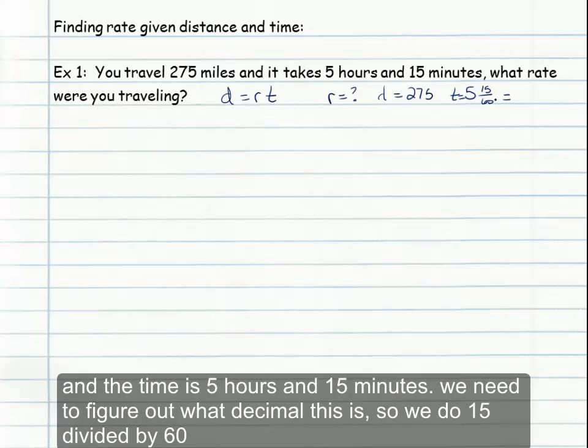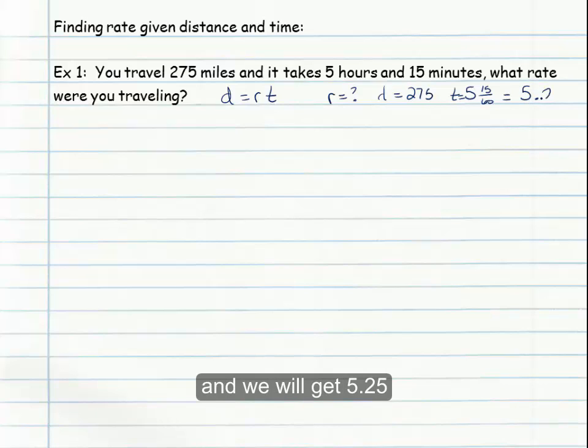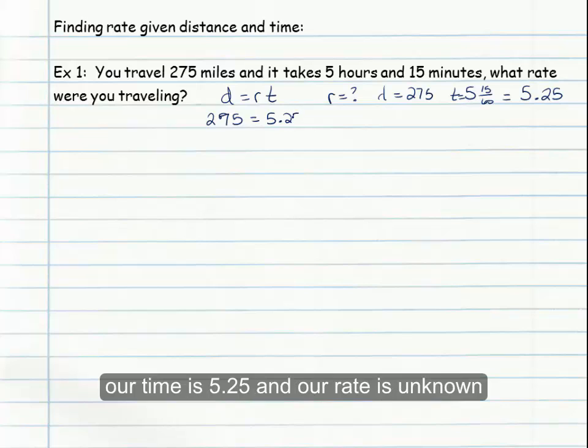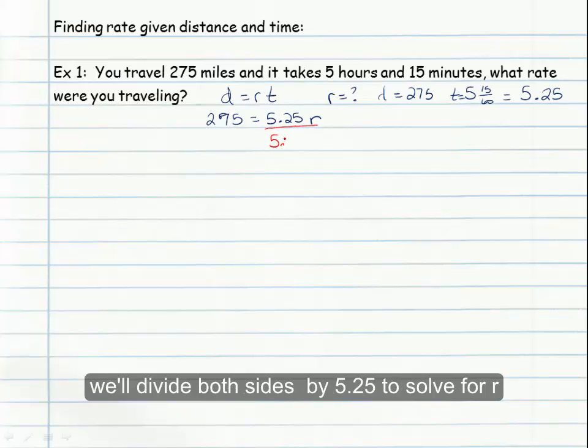We need to figure out what decimal this is. So we do 15 divided by 60 and we will get 5.25. Our distance is 275, our time is 5.25, and our rate is unknown. We'll divide both sides by 5.25 to solve for r.